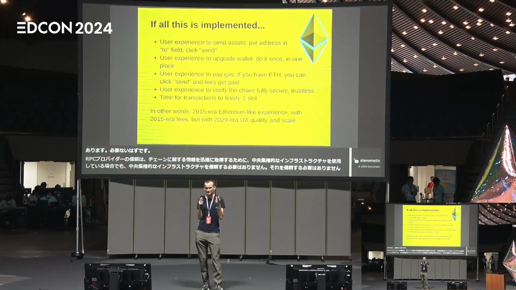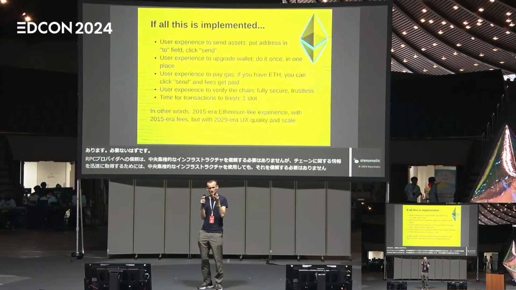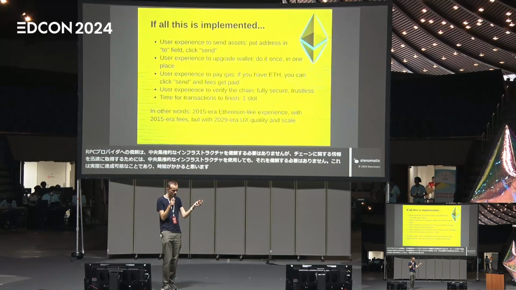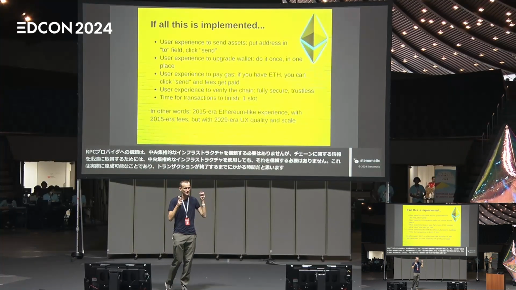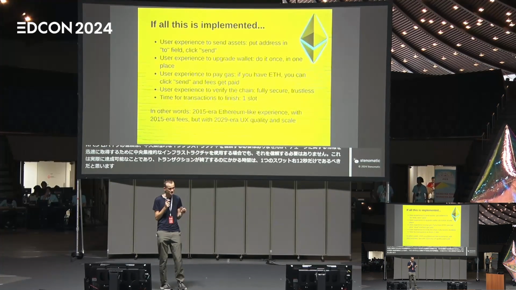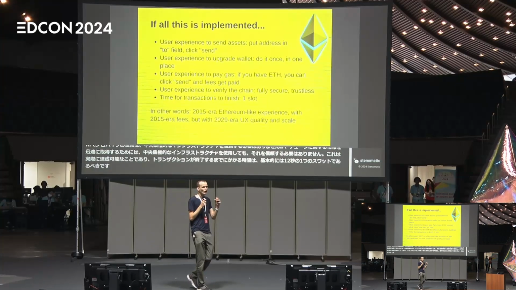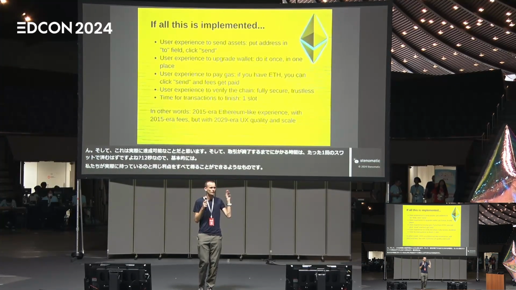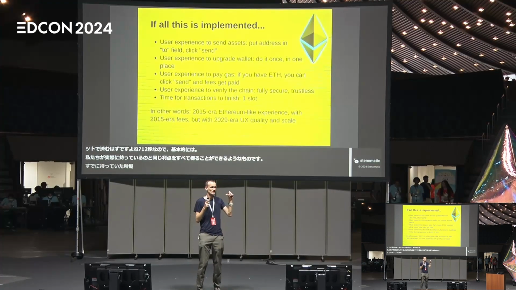And I think this is something that actually is possible to achieve. And the time that it takes for transactions to finish should only be one slot, right? 12 seconds. So basically, we can get all of the same benefits that we actually already had when Ethereum was one chain, when it was just a layer 1.